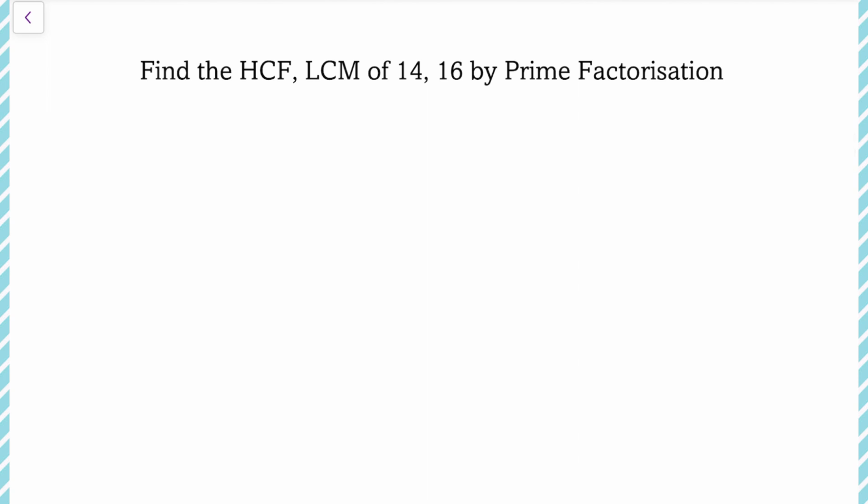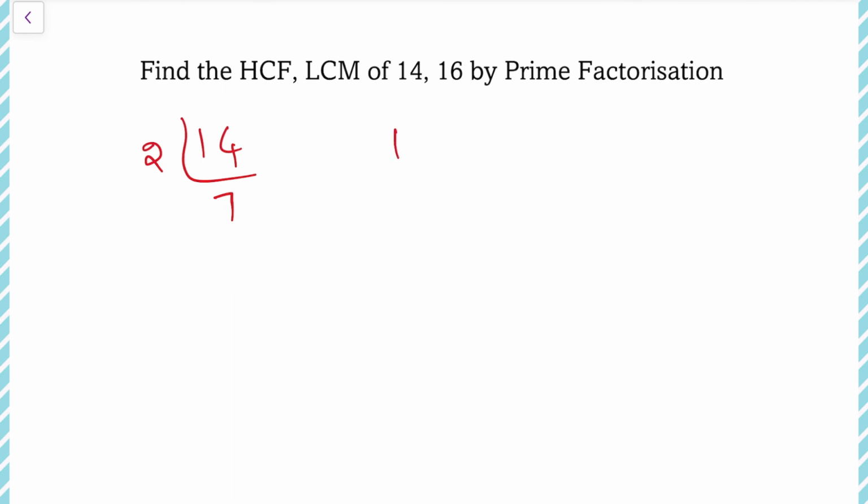Find the HCF and LCM of 14, 16 by prime factorization. In the previous two questions, we did HCF only, that too by Euclid's division process. Now in this case, HCF as well as LCM both we need to find out, by the prime factorization method. So here the given numbers are 14 and 16. First for the number 14, let us do prime factorization. 2 7s are 14.